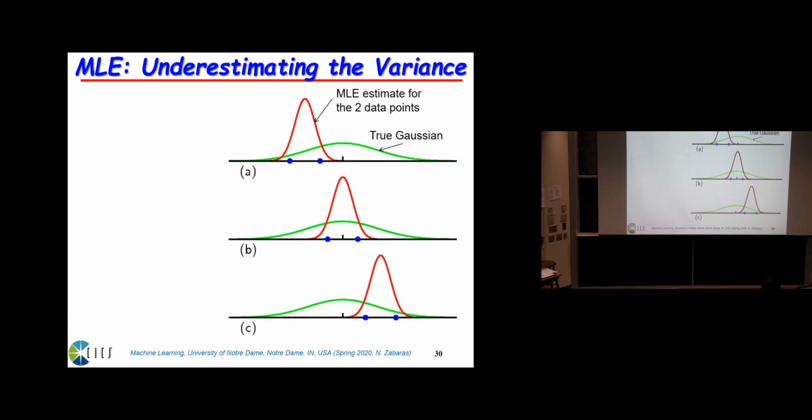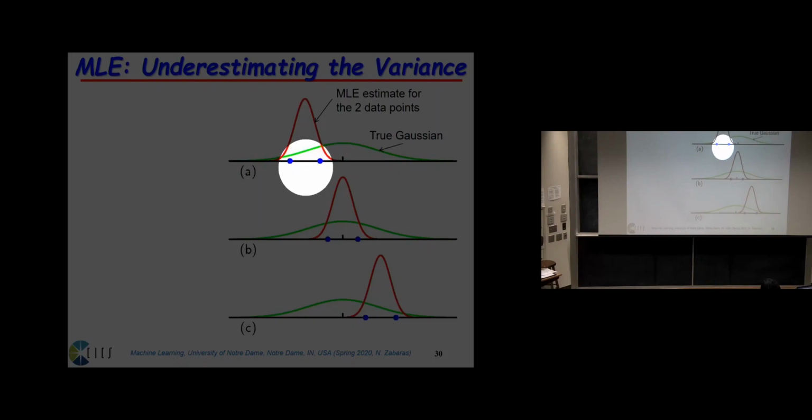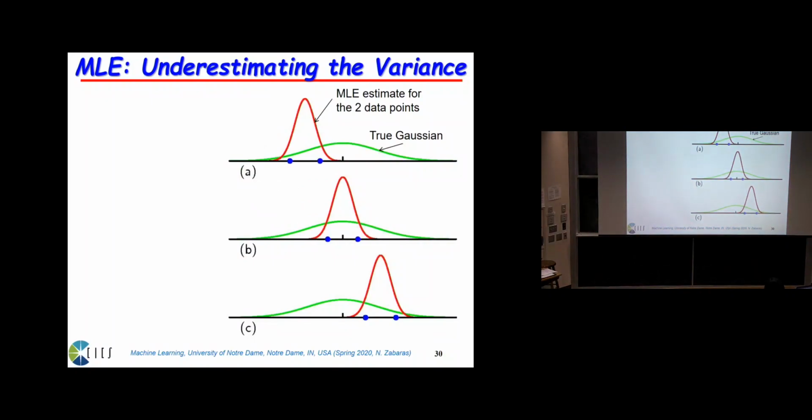What is the mean and what's the variance of the Gaussian? If the 2 data points are what is here, will you agree with me that the Gaussian you will get will look like this? The mean is going to be there, and the variance is going to be something like that. This would be the MLE estimate that you get with the 2 data points.